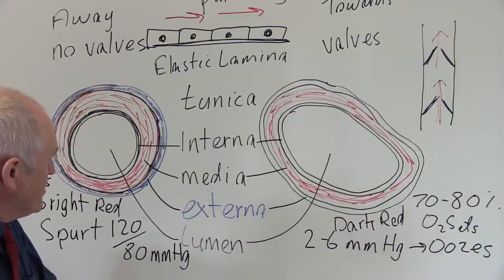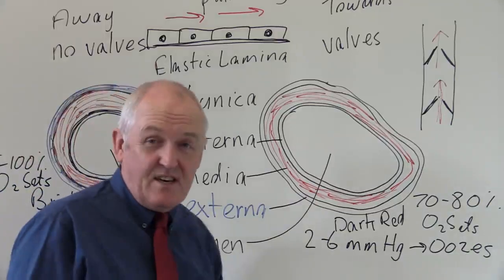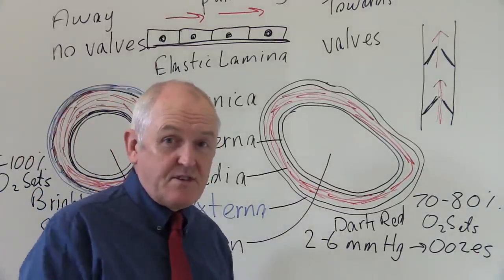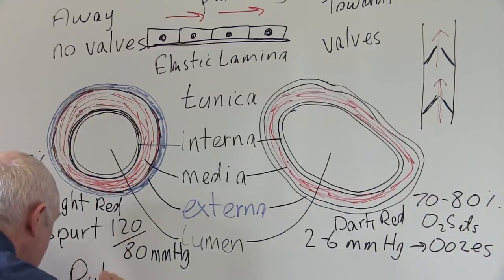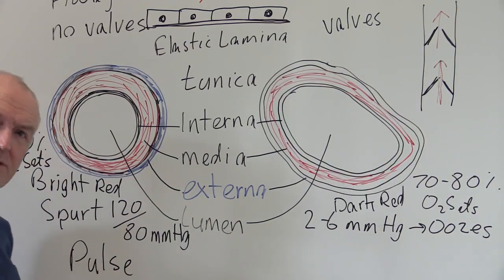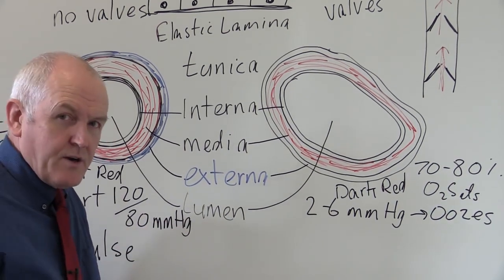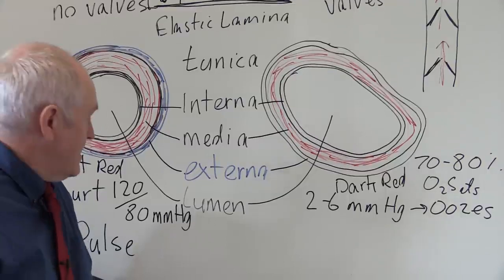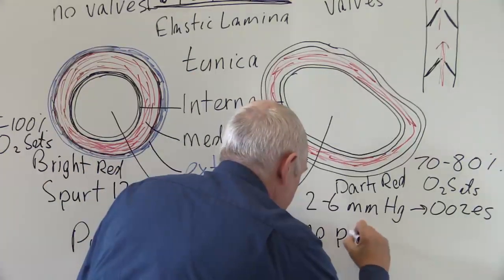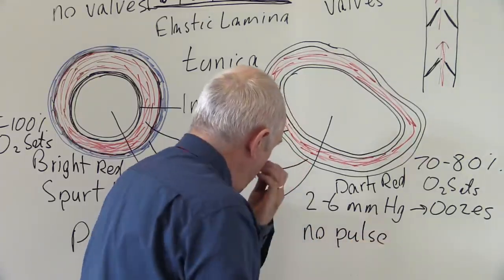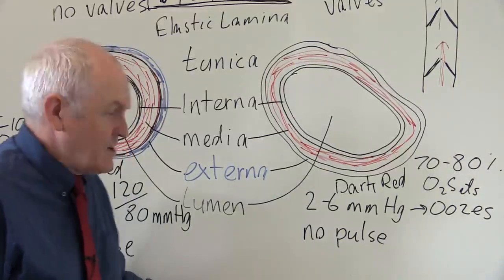And indeed, if you ever want to know for sure if a vessel you're examining is an artery or a vein, it's very simple. Arteries pulsate. You will be able to feel the arterial pulsations going under your fingers in an artery, whereas in a vein there are no pulses. At least there's no pulse generated by the ventricular contraction.